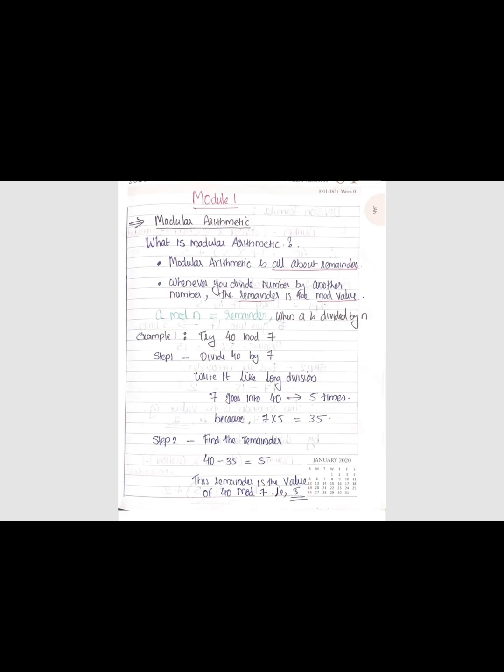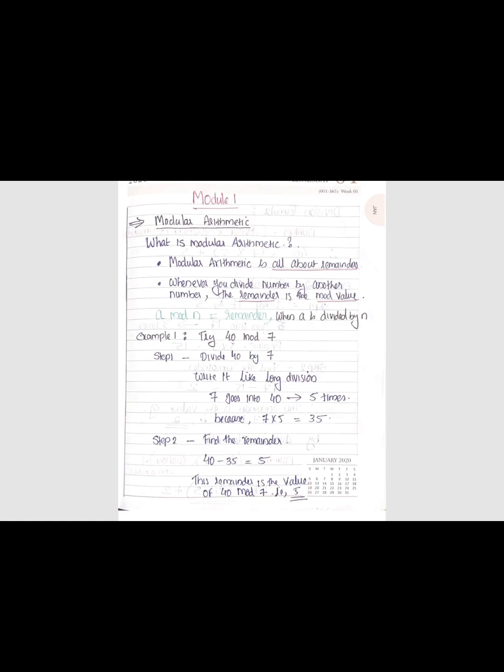First, step 1: divide 40 by 7. Write it like long division. That means 7 goes into 40 five times, because 7 times 5 equals 35.